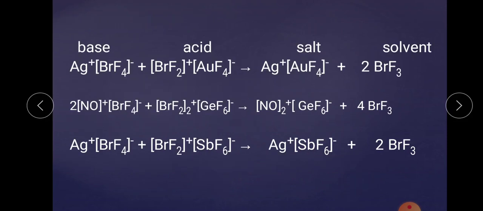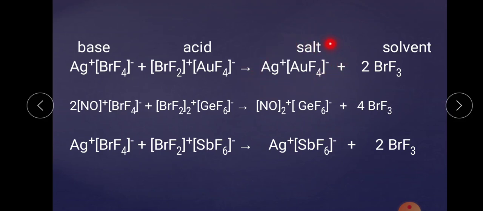Similarly, various other neutralization reactions are given. Neutralization reactions of this type help us to synthesize many compounds which are difficult to prepare by other methods. Some examples of such syntheses carried out by neutralization in liquid BrF3 are given in these reactions.